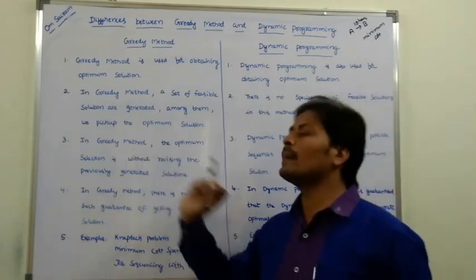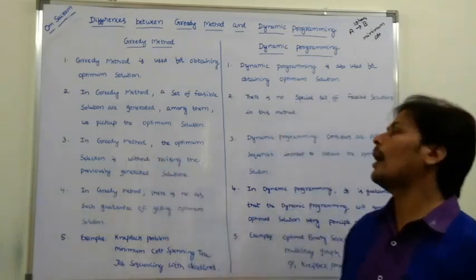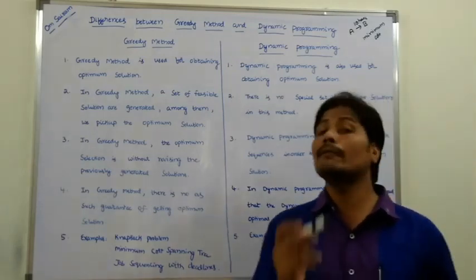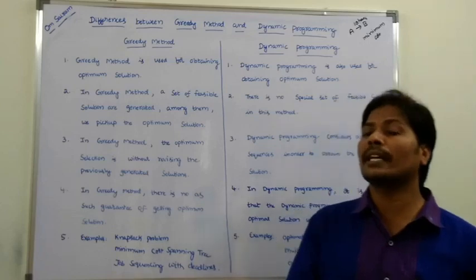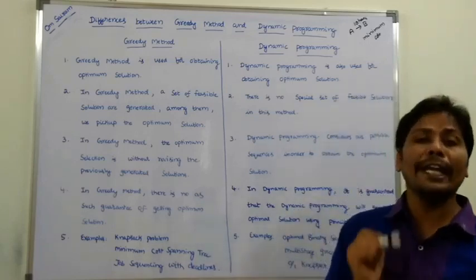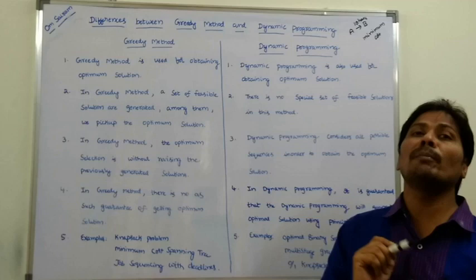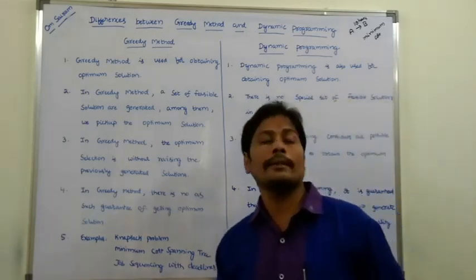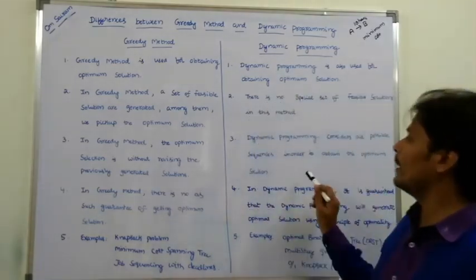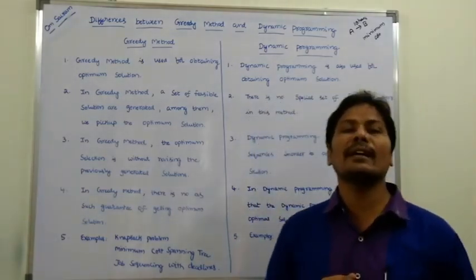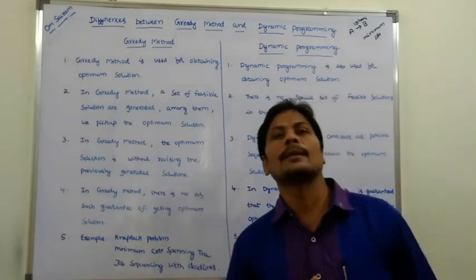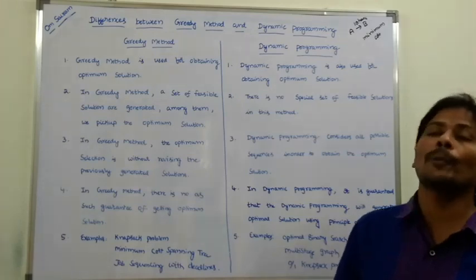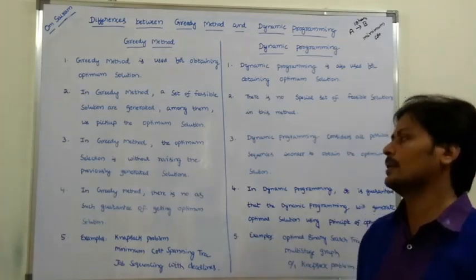Next, in the greedy method, the optimal selection is generated without revising previously generated solutions. For finding the optimal solution, we do not consider the previously generated solutions in the greedy method. In dynamic programming, we consider all possible sequences that were previously generated, for getting the optimal solution in the future.